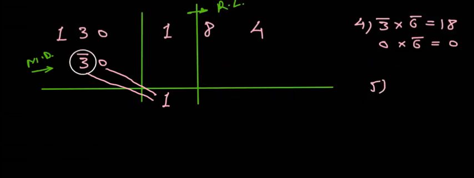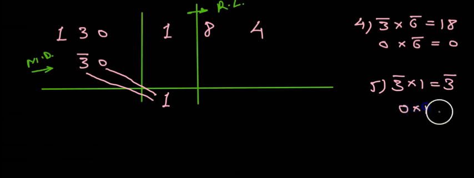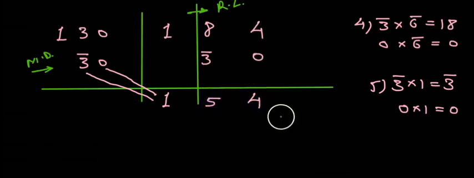In step number 5, negative 3 multiplied by 1 is negative 3 and 0 multiplied by 1 is 0. Write these two products. Write negative 3 below the second digit 8 and write this 0 below the third digit 4. Now we have covered all the digits in the dividend. Now let us add the digits in these two columns, second column and third column. 8 plus negative 3, 5. 4 plus 0, 4.